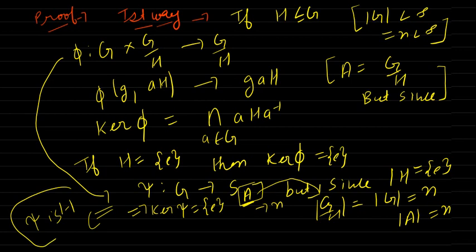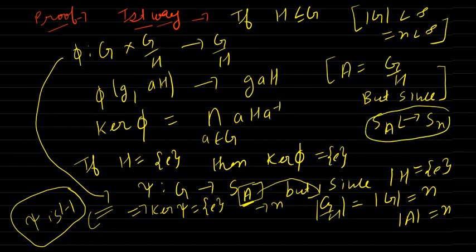Okay, so we got a homomorphism from G to S_n. Now, I am replacing S_A by S_n, because they are equivalent, since the cardinality of A is n. So we got a homomorphism psi from G to S_n, and this homomorphism is 1-1 also. So we can say that G is embedded inside S_n. So this is the first proof.